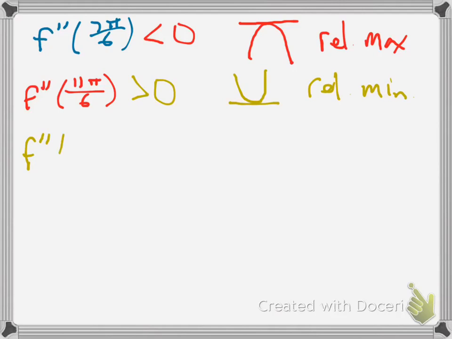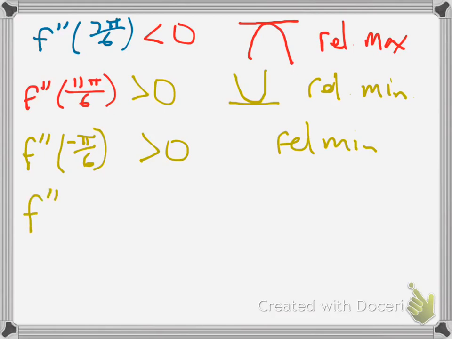So we have f double prime of, another value we had was negative pi over 6. We could probably do this a little bit faster now because negative pi over 6 is going to be in the fourth quadrant, just like 11 pi over 6. And so we're going to get the exact same analysis here, and we're going to end up with another relative minimum happening at negative pi over 6.